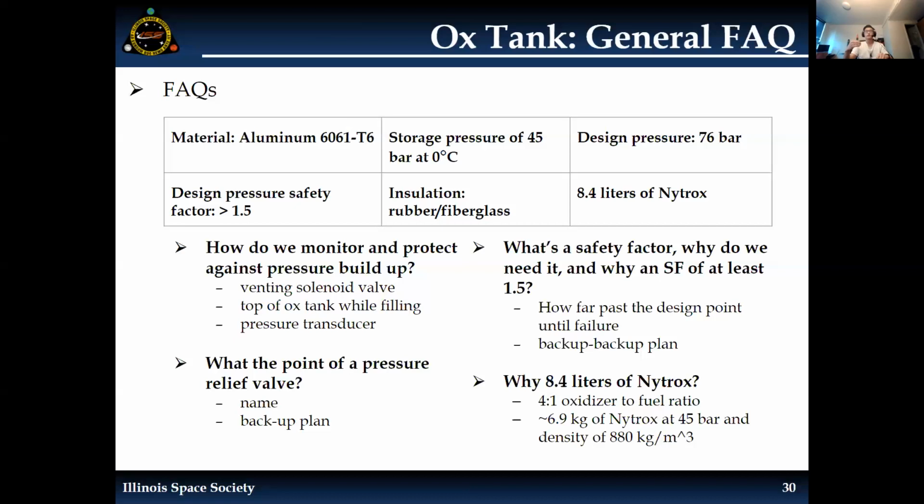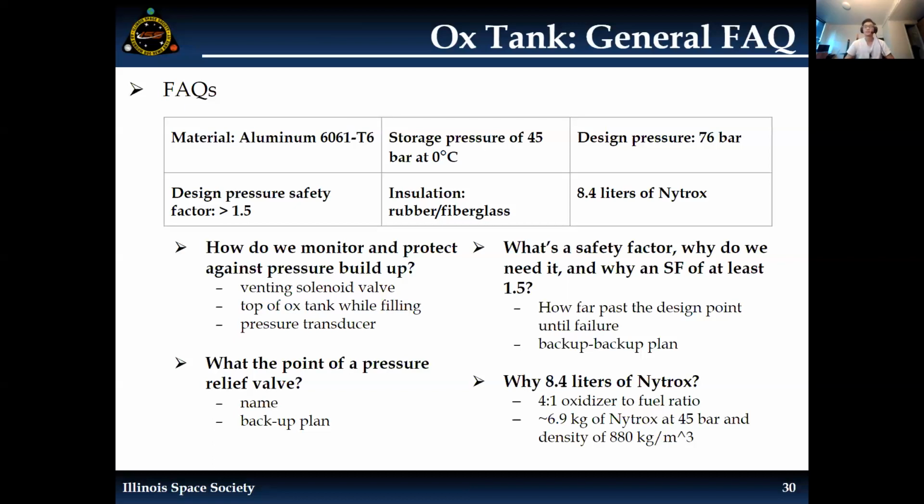It actuates, we haven't picked a value yet, but it actually actuates somewhere above 45 bar, like 60 or 70 bar. But it's going to be over the storage pressure, but it's going to be under our maximum allowed operating pressure, if that makes sense.